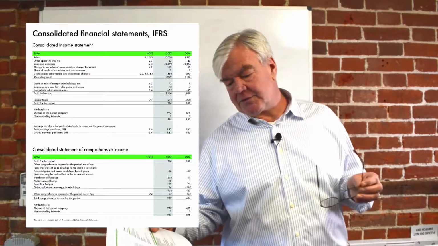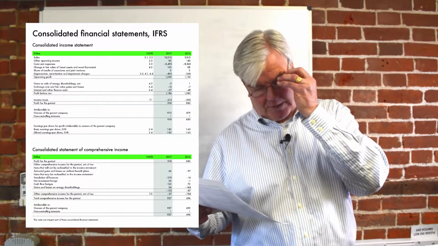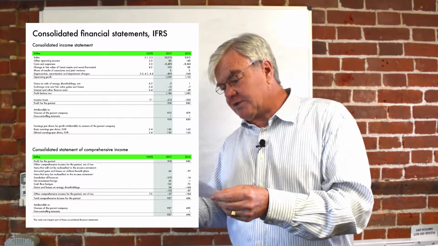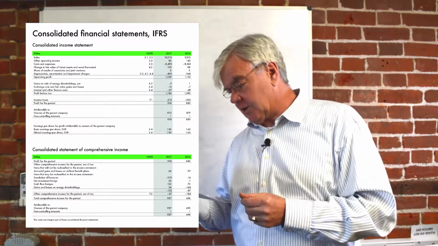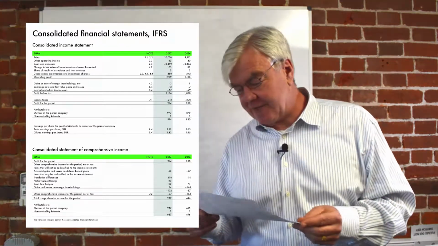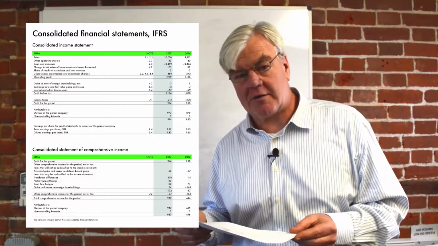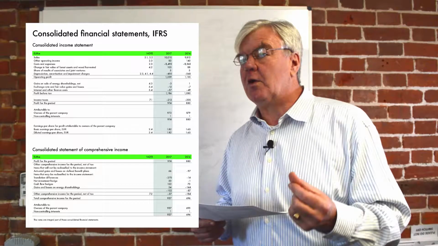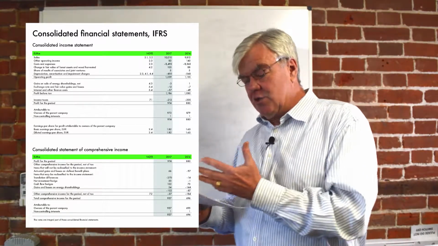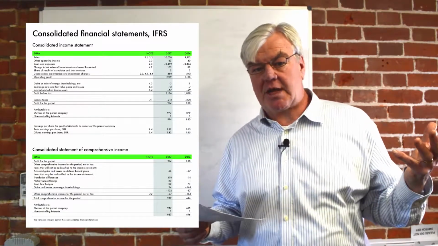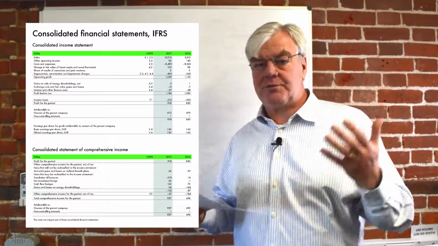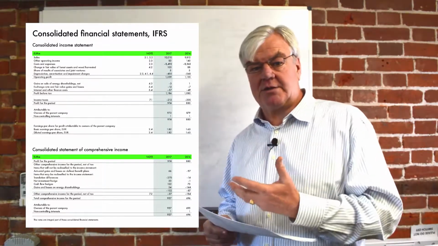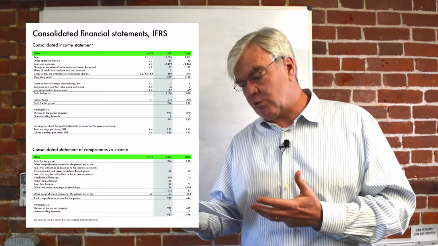All right, now small print, so I need my glasses, so I'm going to just go through and see what we've got here. All right, so the first thing that I'm looking at here, consolidated financial statements, IFRS. IFRS, International Financial Reporting Standards. What does that mean? What it means is that a company like UPM, like any listed company, needs to conform to international accounting standards, and that includes how they present and how they prepare their financial reports.